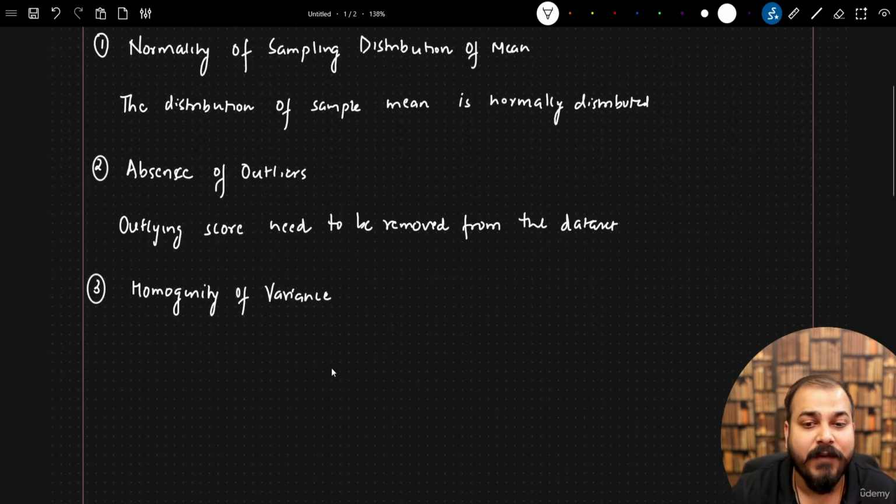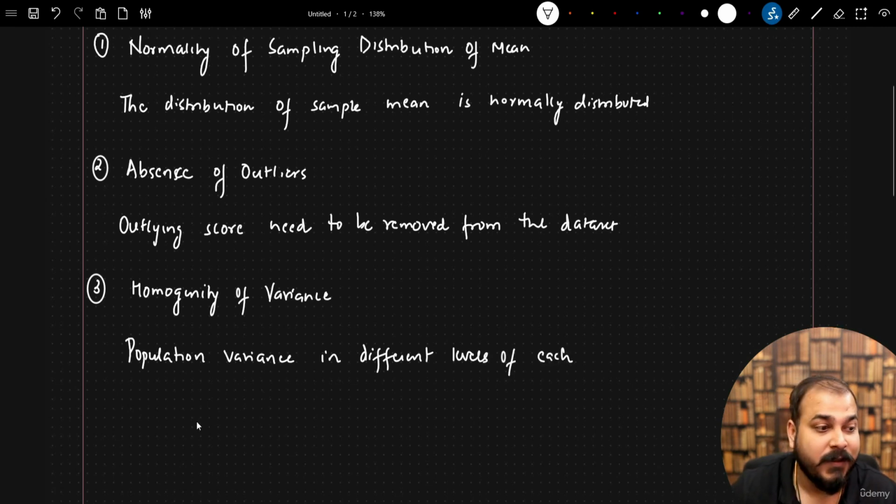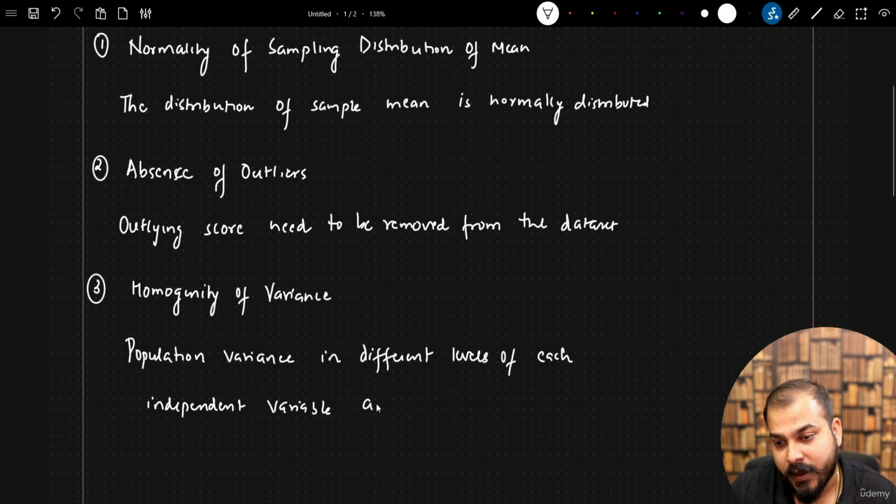So whenever we talk about population variance in different levels of each independent variable or factor, it should be the same, equal.